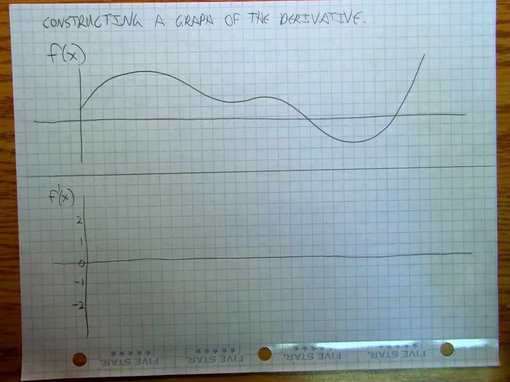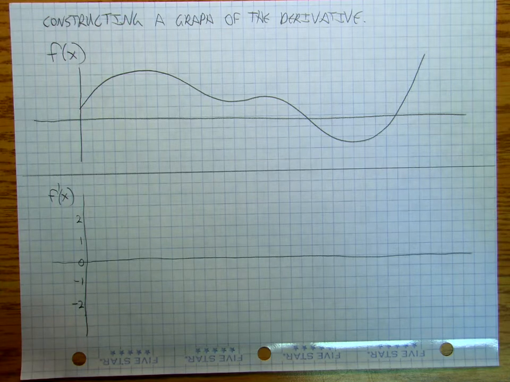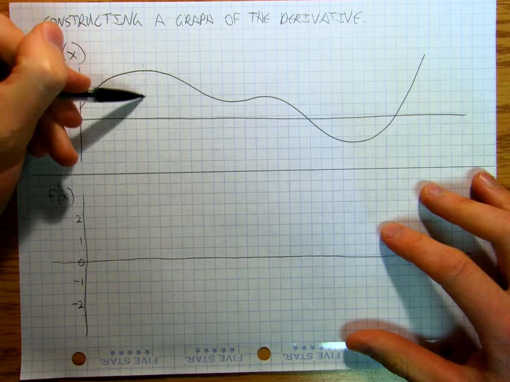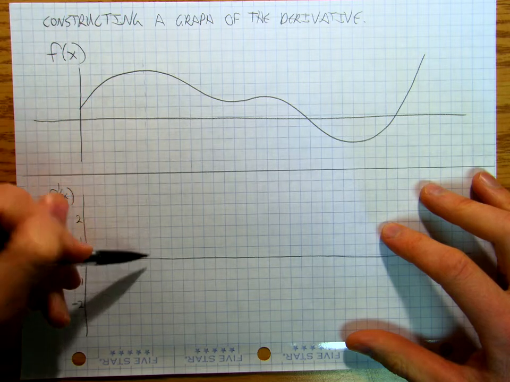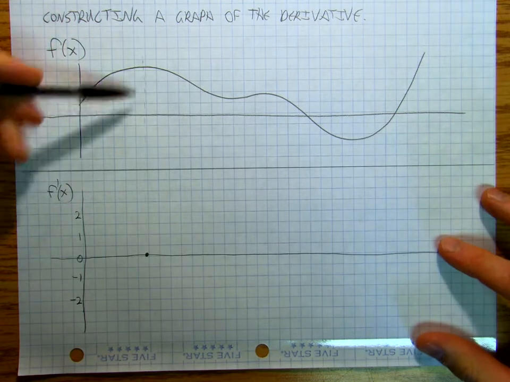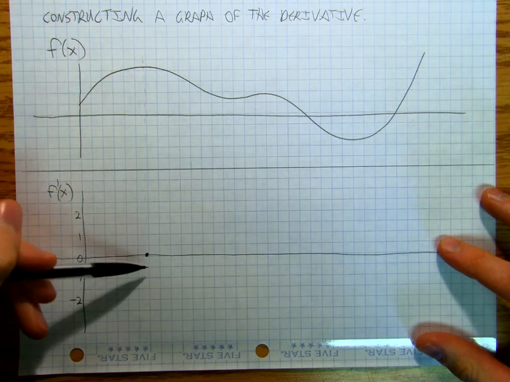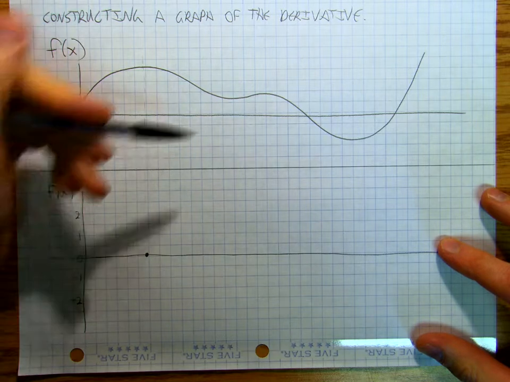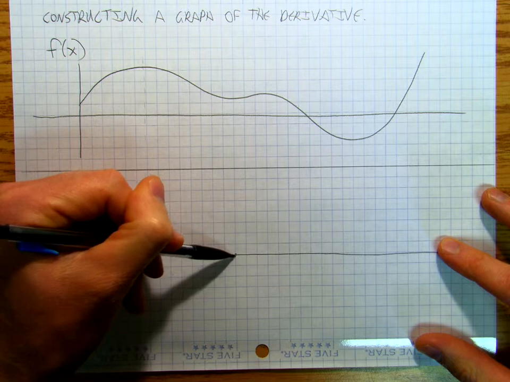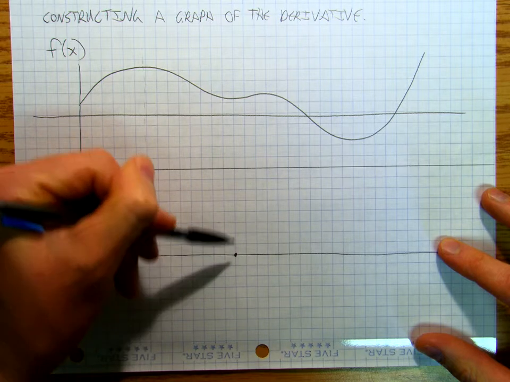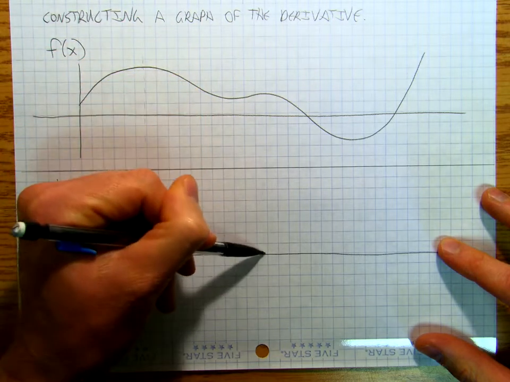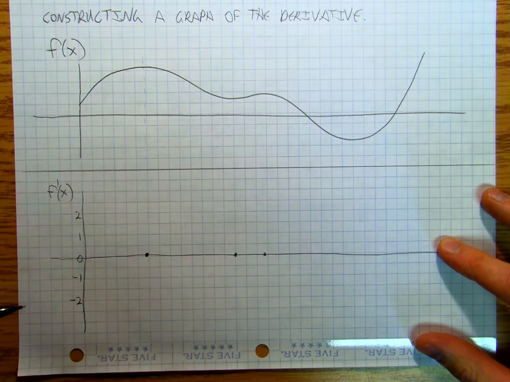Okay, so let's start where we know some things. Let's take this line right there and drop that down. And that is a place where my function has a slope of 0. Here's another place where my function has a slope of 0. Right next to it, right about there, that's where my function has a slope of 0.